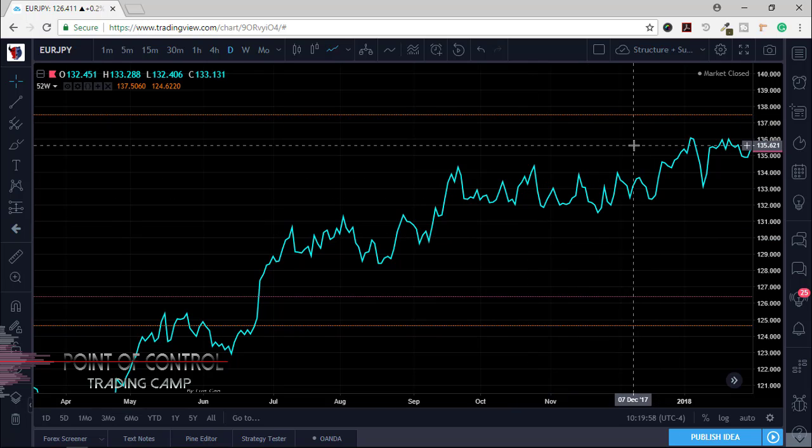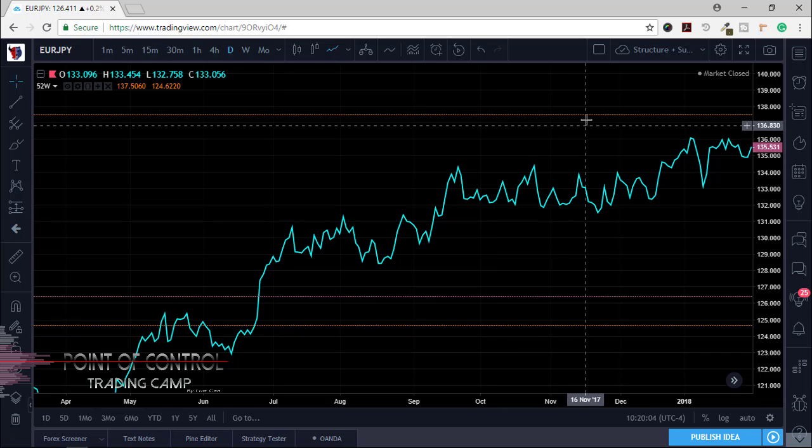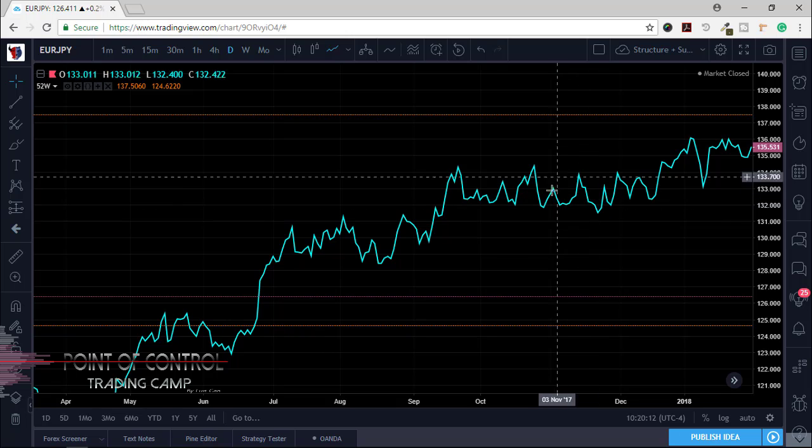You go to your MetaTrader, your cTrader, or whichever trading platform you're using, and you set a limit order to sell at 137.50. You'll probably want to set up a stop loss based on your ATR.